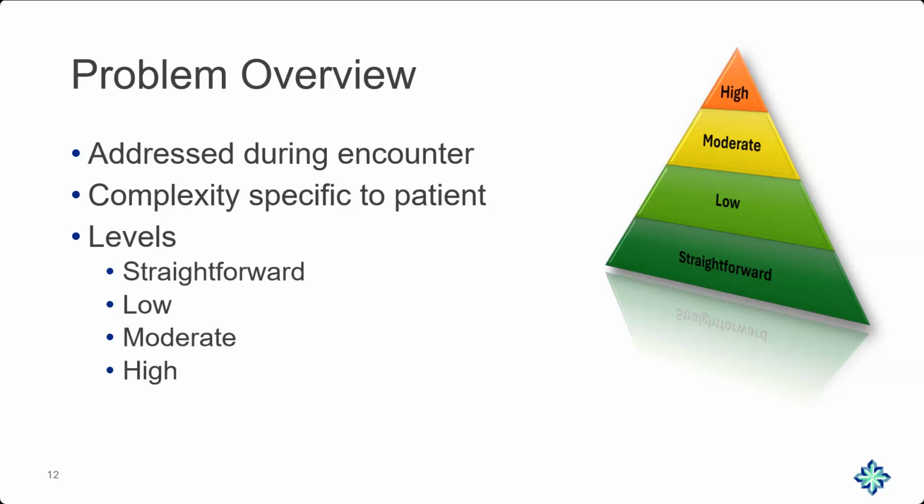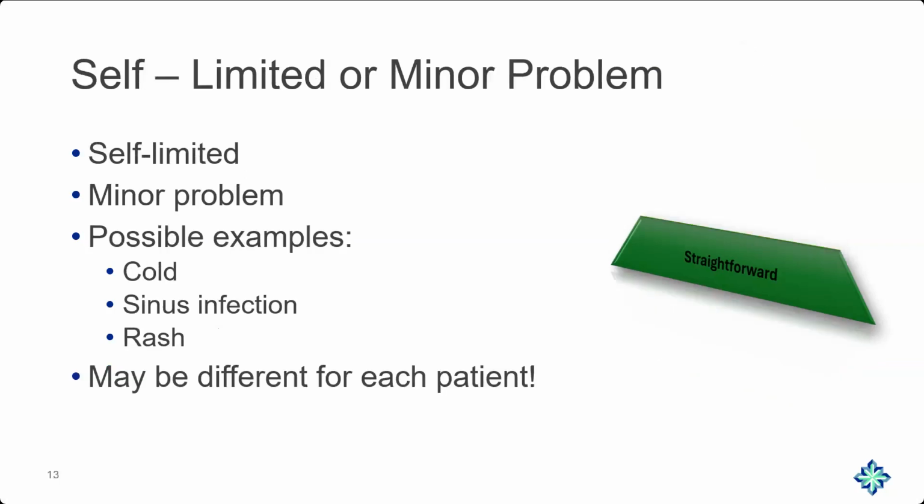The complexity is going to be specific to that patient in that moment in time. There are 4 levels. You have straightforward, low, moderate, and high. And we'll start with straightforward, which is typically going to be a self-limited or minor problem.